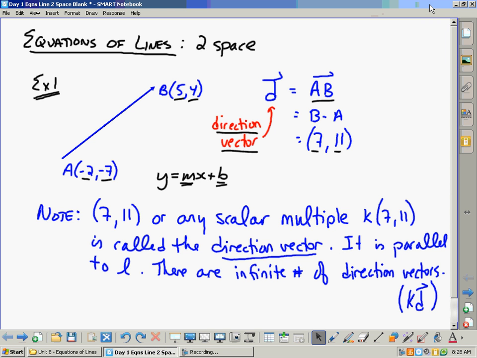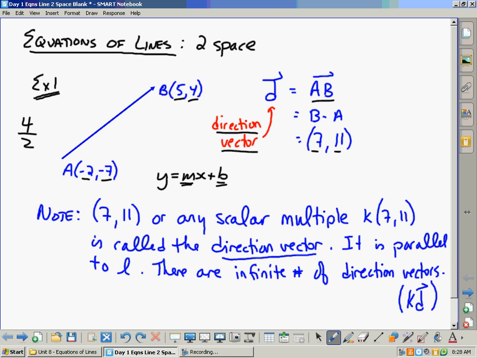So we know that the direction vector 7, 11 is going to describe the vector that I'm given there, but so will any scalar multiple of it. Because remember, the slope is just describing how steep something is. Well, the direction vector is telling us the same sort of idea. If you think back to grade 9, you might have done rise over run and got something like 4 over 2 as your slope.